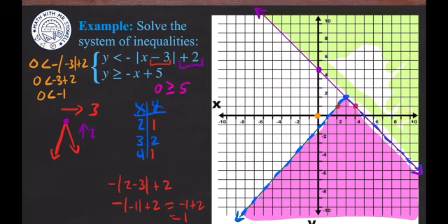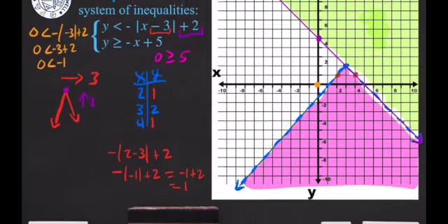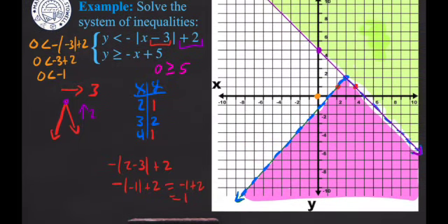Lastly, let's figure out if there's any overlap. Well, these two shaded regions don't overlap, at least they don't appear to overlap. Let's check the boundaries. Because the boundaries are the lines. The boundaries are the area that says it shall not pass.